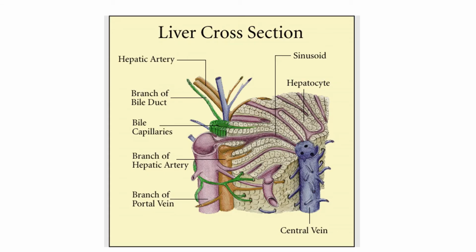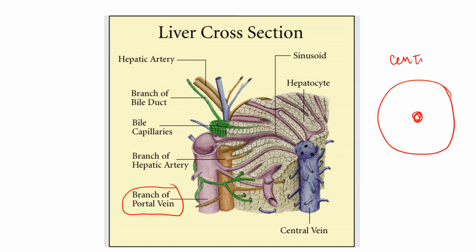All right, let's see, what do we recognize? Right here is a branch of the hepatic portal vein. That branch is set up around a set of lobules. Remember, we were looking at one of those just a few minutes ago. There's a vein in the center that's called the central vein. Okay, and there are hepatic portal vein branches scattered all around the edge of this lobule system.